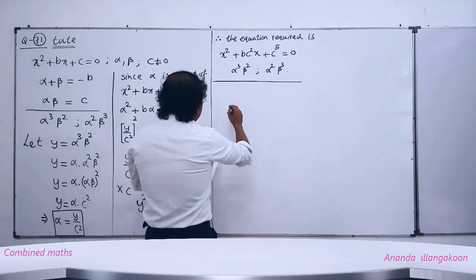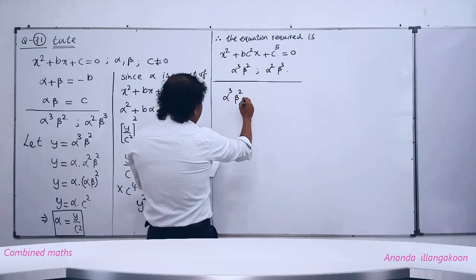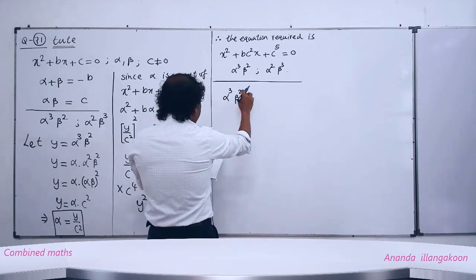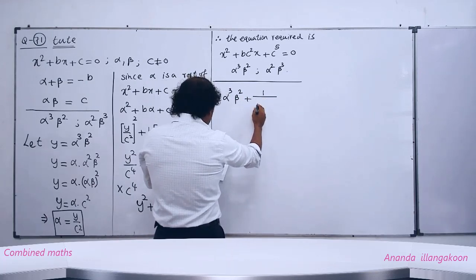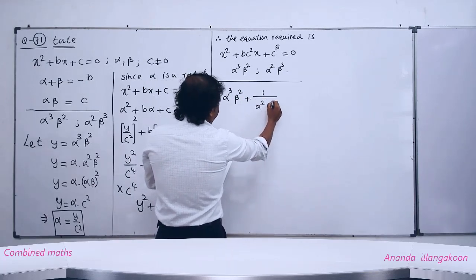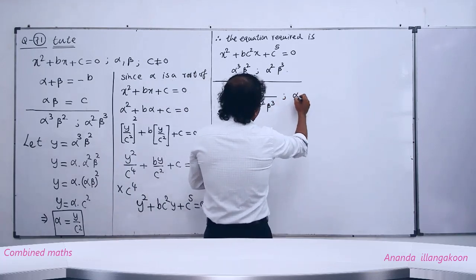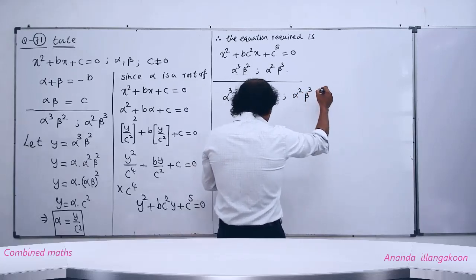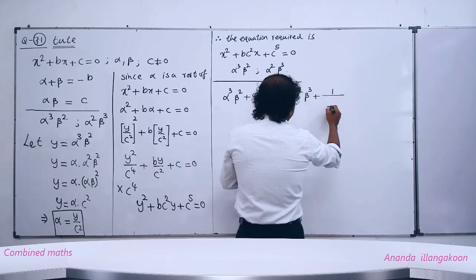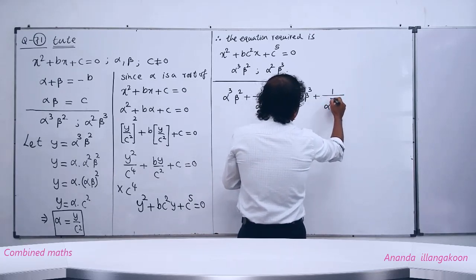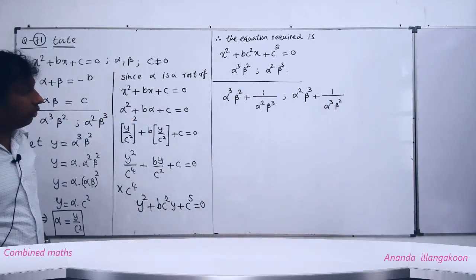Then the last roots given: alpha cube beta squared plus 1 upon alpha squared beta cube is one root given. The other one is alpha squared beta cube plus 1 upon alpha cube beta squared. Are, people, these two roots also symmetric?